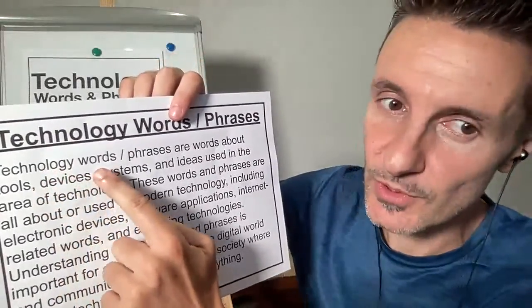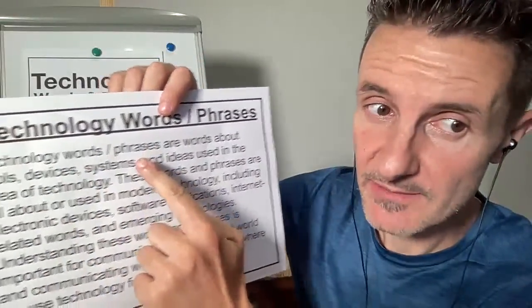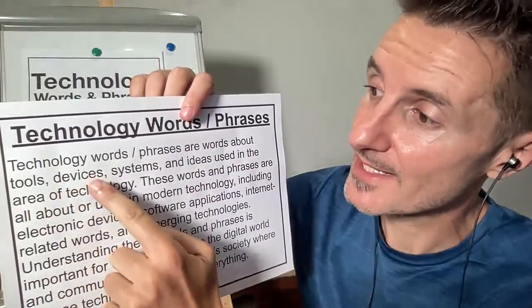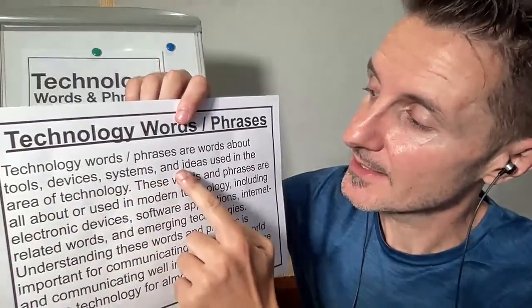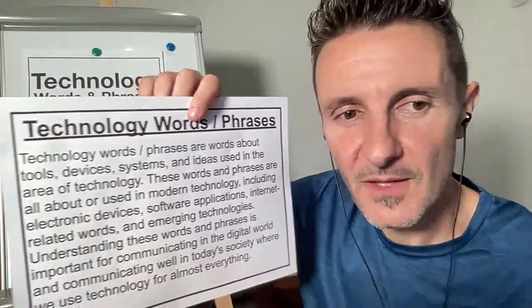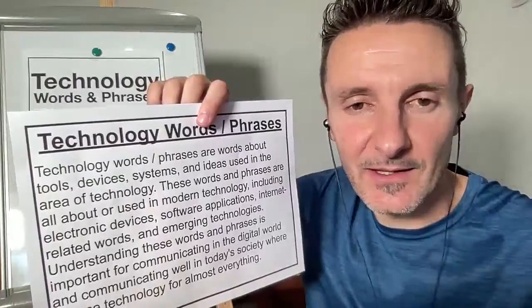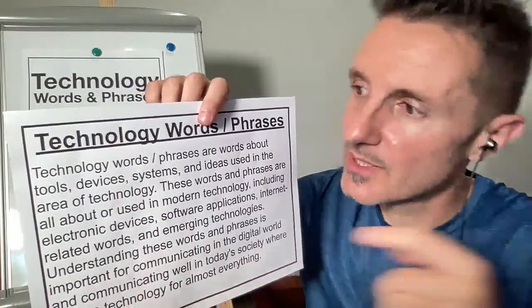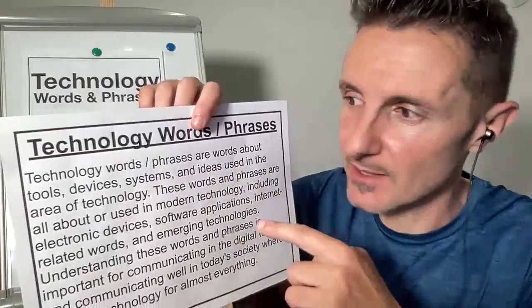So technology words and phrases are words about tools, devices, systems, and ideas used in the area of technology. So technology is anything that has to do with the latest things that you use. It can be ideas about technology.